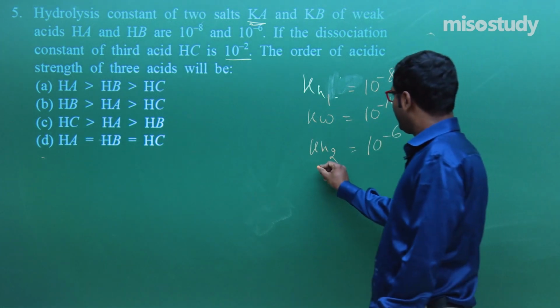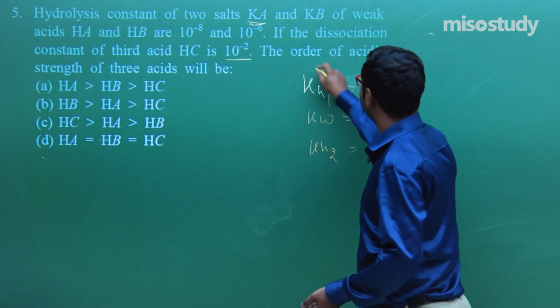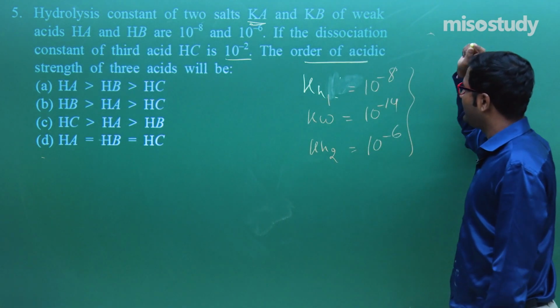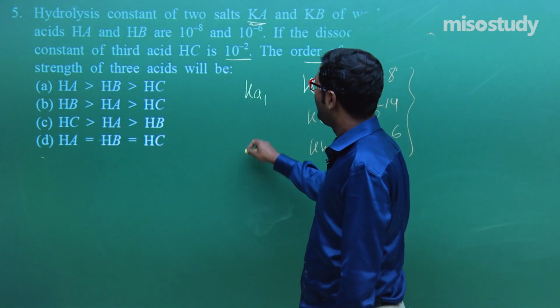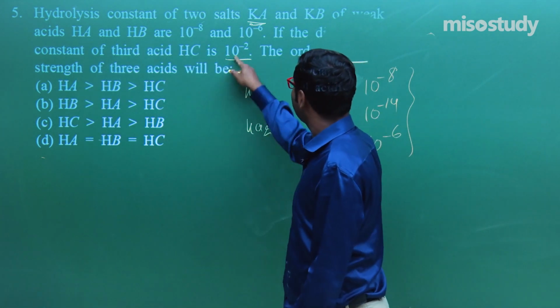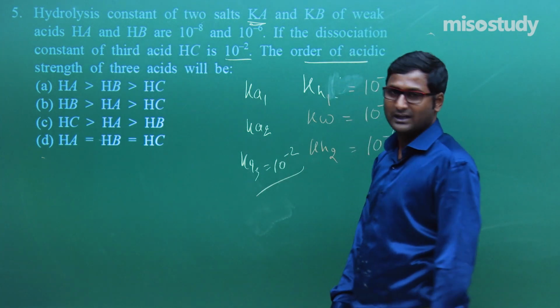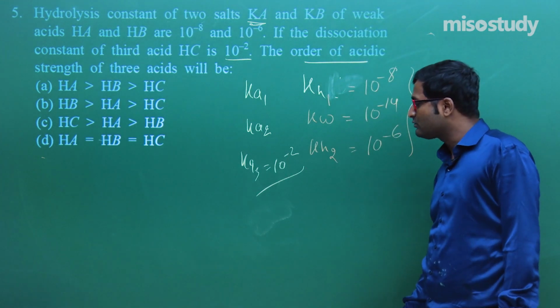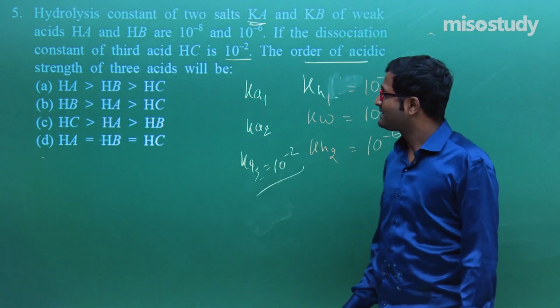Clear? We have to compare the acidic strength, so we need to find Ka1 for HA, Ka2 for HB, and for HC, Ka3 is given as 10 to the power minus 2. That means the higher the value of Ka, the higher the acidic strength.